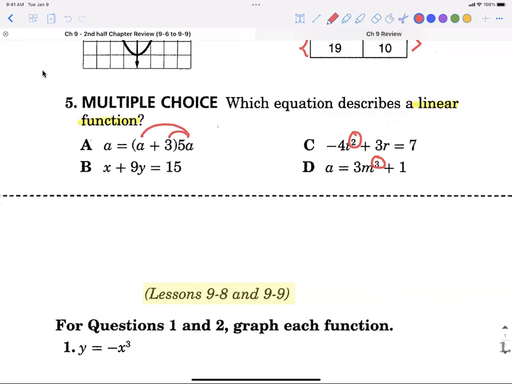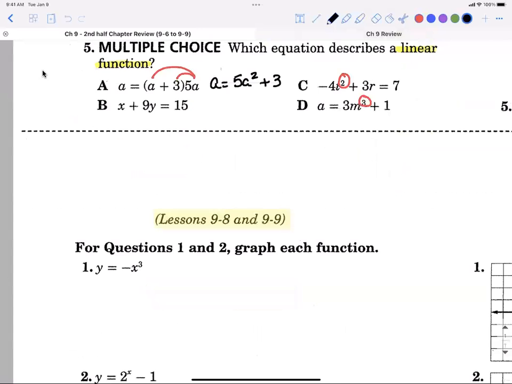When you do that, you will get A equals 5A squared plus 3. And that should help you decide between A and B as far as which one is linear. So if you see parentheses, distribute first before you decide whether or not it's linear.